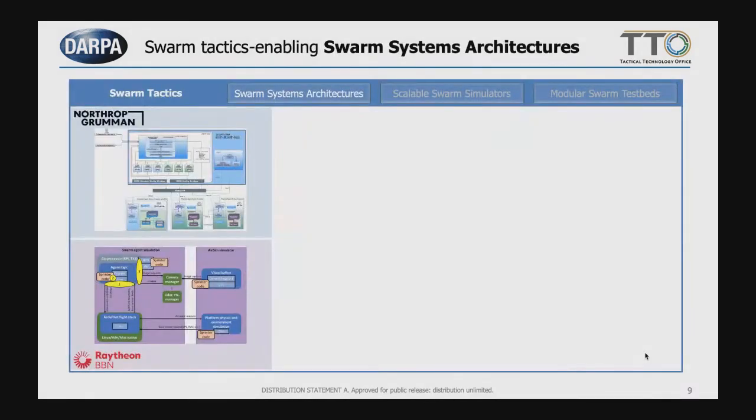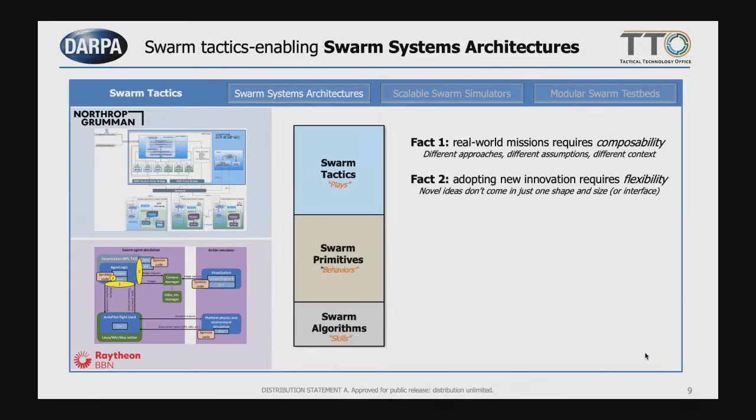So to tease out a little bit more about these architectures, the general idea is to focus on the swarm tactics, recognizing that there are many underlying primitives or algorithms that the community has developed over the years and can continue to develop.